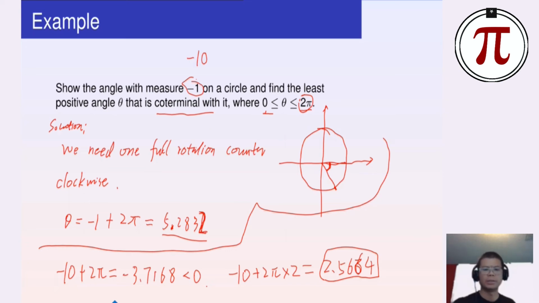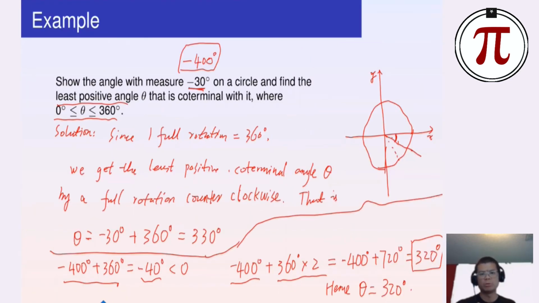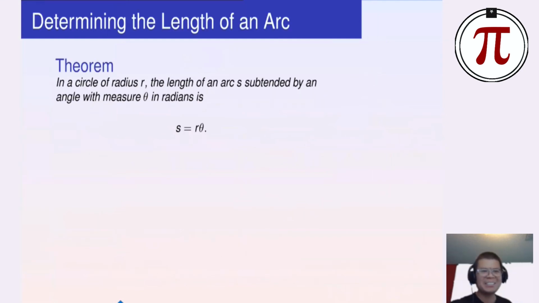Of course, these two examples are in radians, and the previous two are in degrees. We should be able to do the problems in both cases. That's very important. Now, let's move to the next topic, which is very interesting: determining the length of an arc.